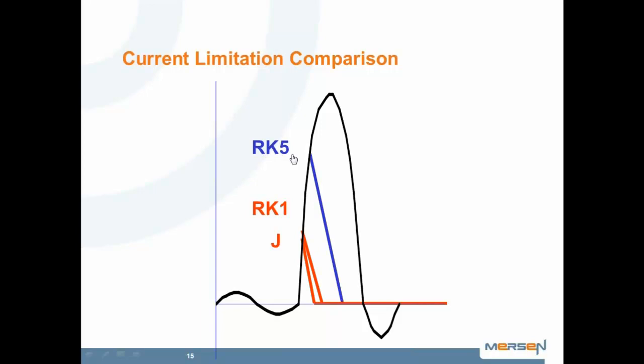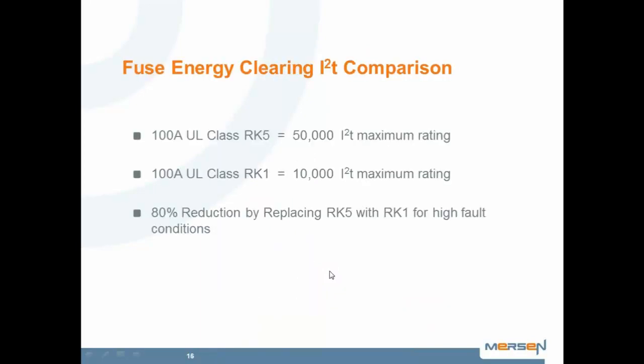And if you think of the I squared T, which we measure with UL and fuse categories, the area under the curve is proportional to the I squared T let through of the fuse. So you can see the J and RK1 have a small triangle of I squared T. The RK5 has a large triangle.